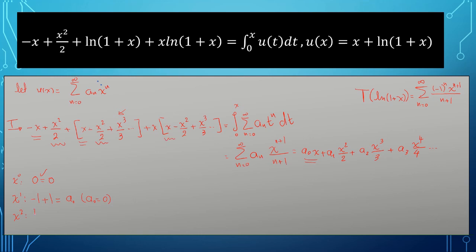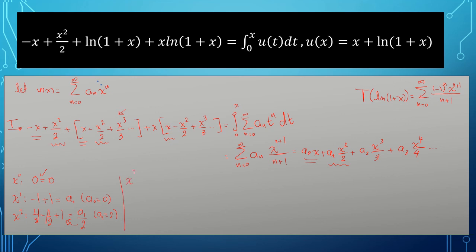So we write this down: 1 over 2 minus half plus 1 equals, on the other side we have a_1 over 2. This half will go with this half, and this 2 will come here, so we will get a_1 equal to 2.